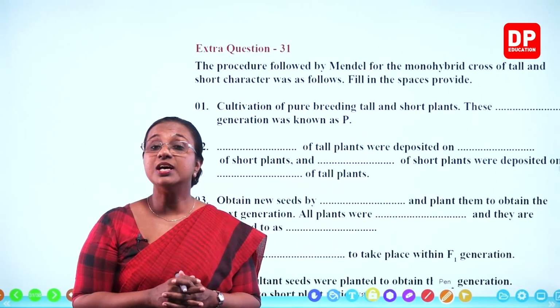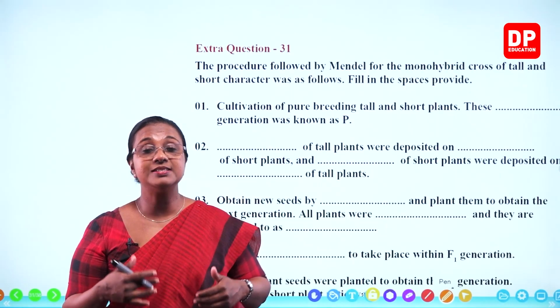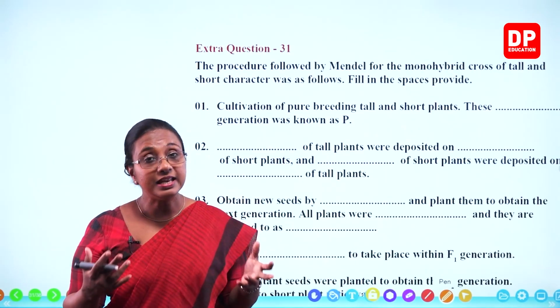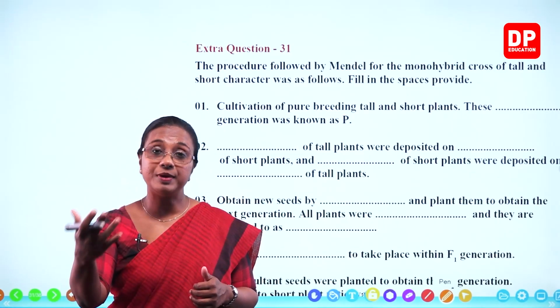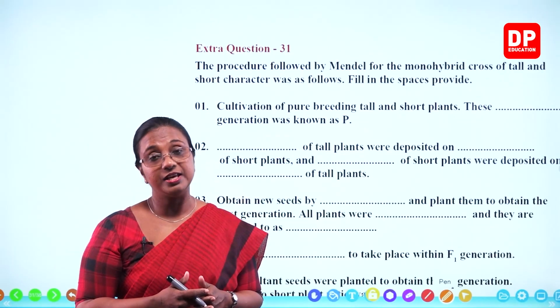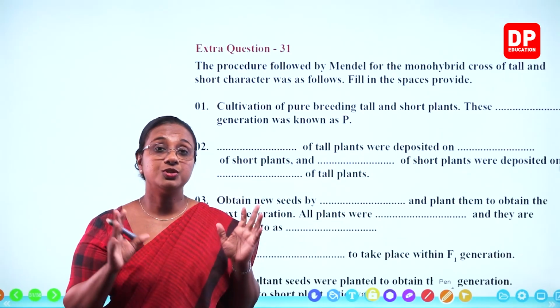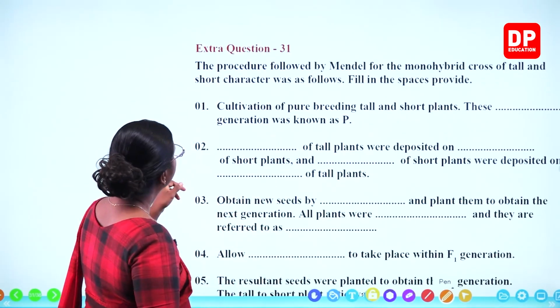And that was the F1 generation plant. Then those plants were allowed to undergo self-pollination, again production of seeds, and the seeds were planted to obtain the F2 generation. So that is how the cross was carried out. So you know the procedure, now you can fill in the spaces.